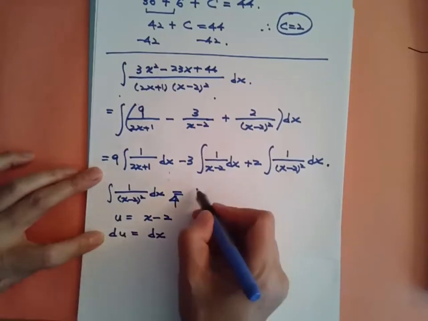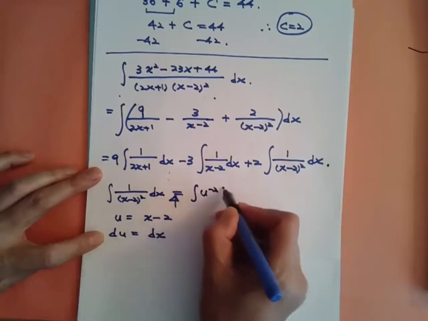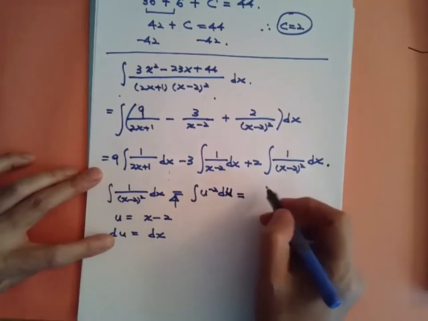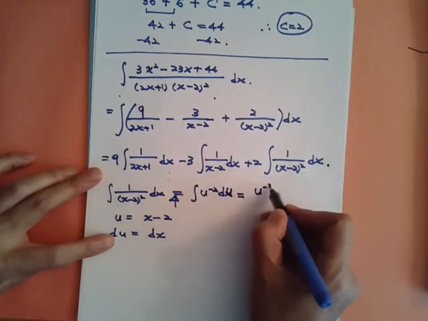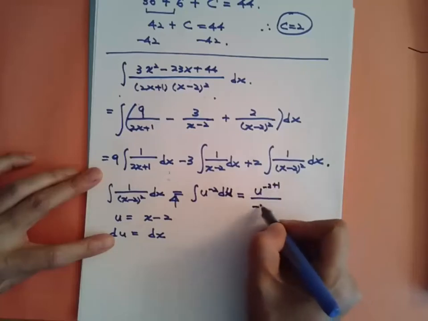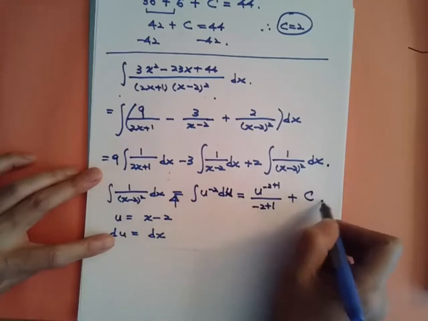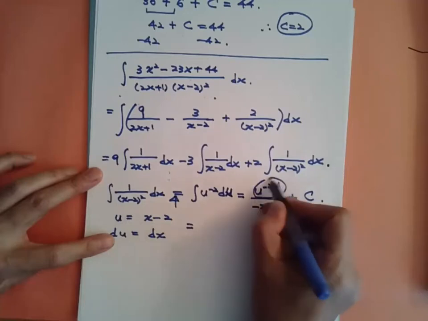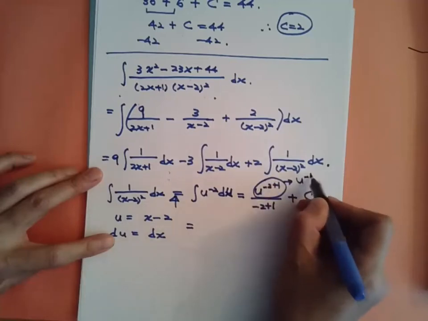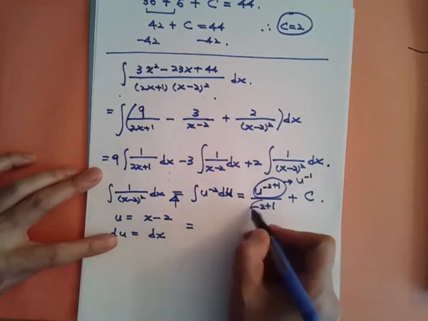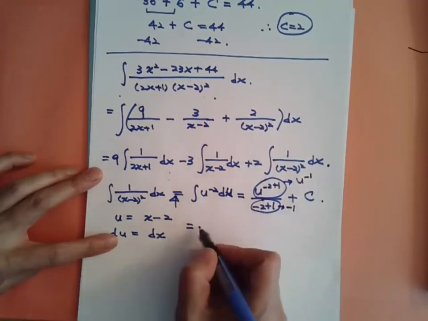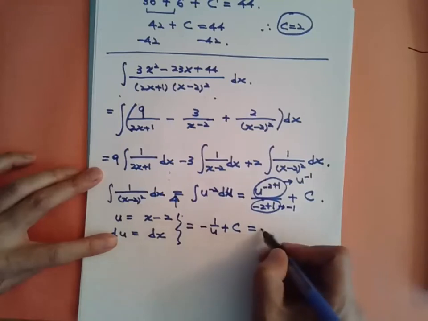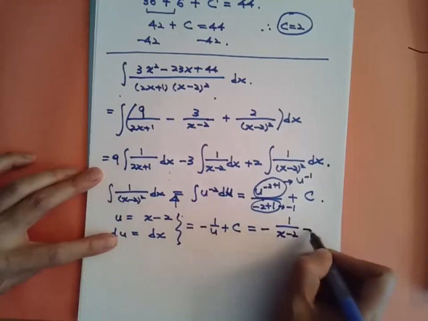So this can be perceived as the integral of u to the minus 2 du. That can be written as u to the minus 2 plus 1 over minus 2 plus 1, plus c. So that is u to the minus 1 power, which is 1 over u, and this one is minus 1. So minus 1 over u plus c, which is minus 1 over x minus 2 plus c.